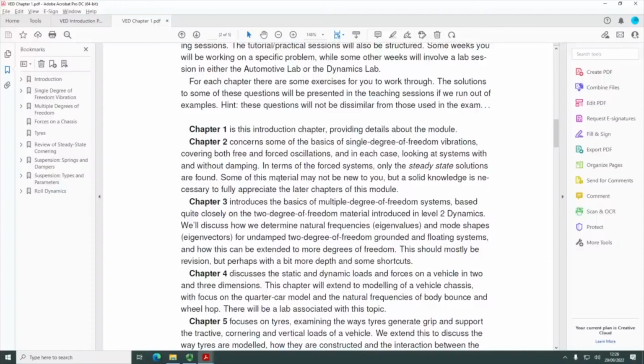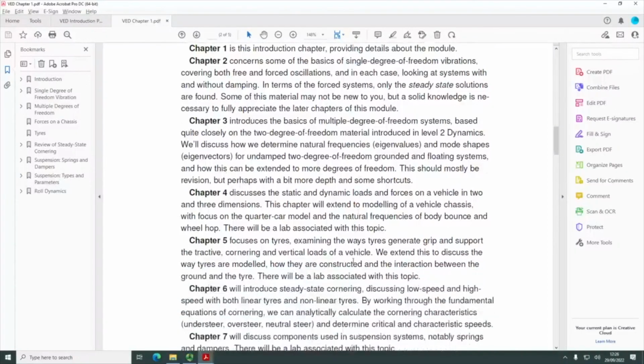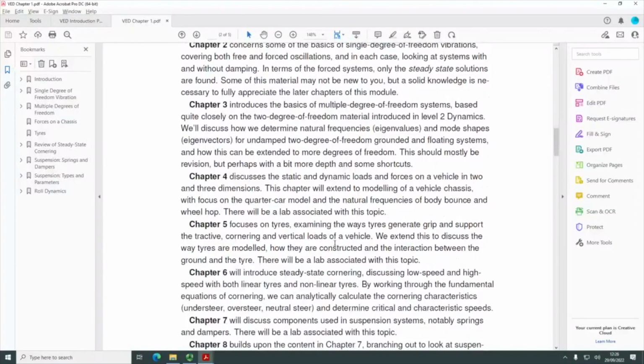So yeah, chapter 5 looks at tyres, an introduction to tyres. Tyres are quite complicated as a vehicle dynamics thing. Rubber looks quite simple, but it's actually quite complicated.